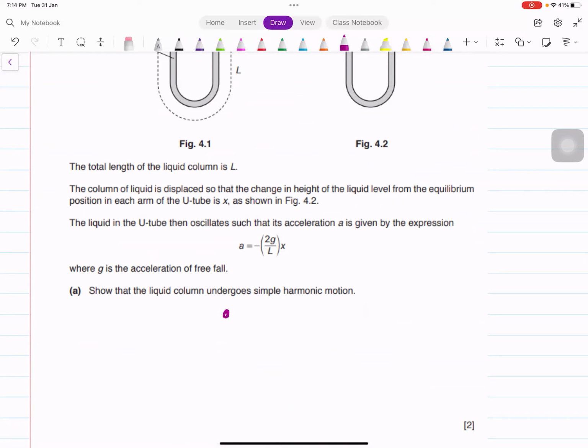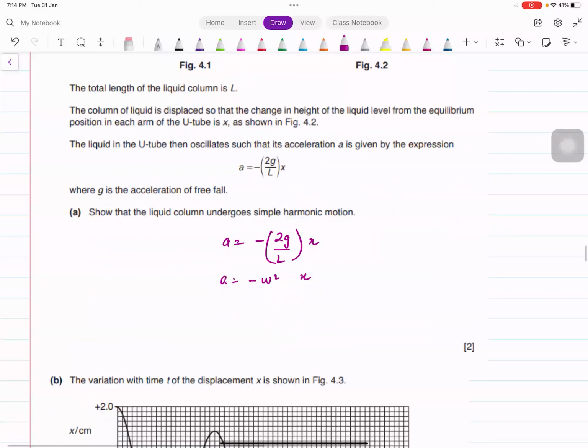You're going to write this equation. And you're going to compare it with minus omega square x, and you're going to say, okay, omega square is equal to 2g over L, like that. And that's very simple.